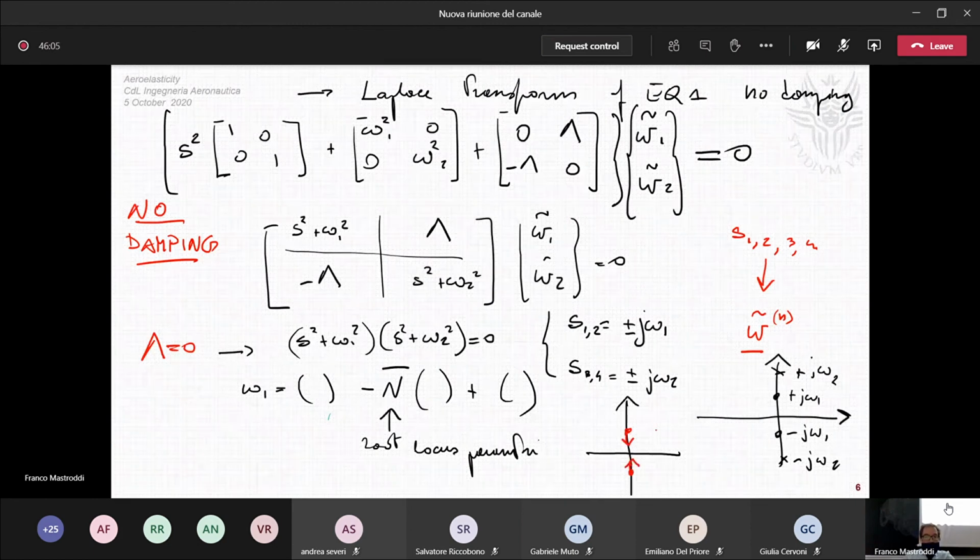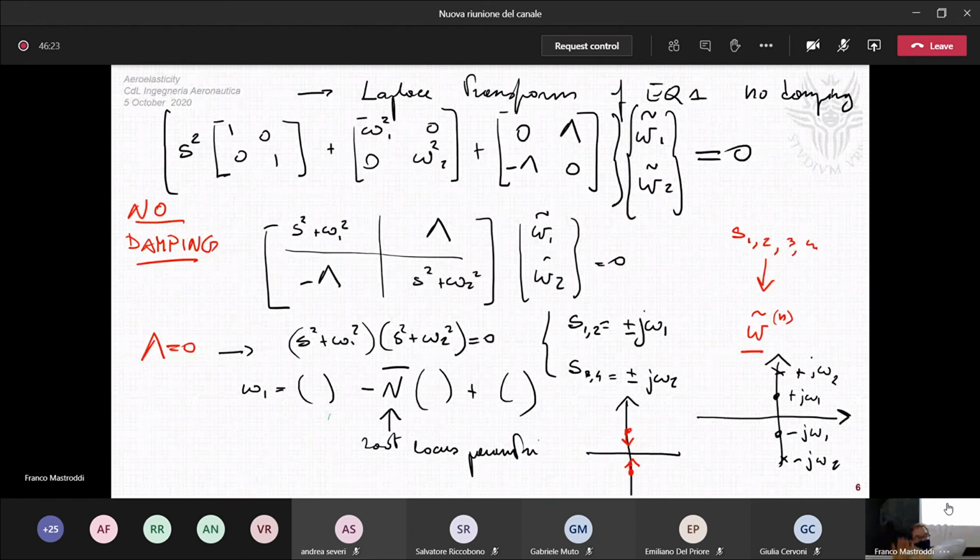So the first couple is closer and closer to the origin, up to converge and shrink, coalesce to the origin. Okay? And so this is the root locus for buckling.